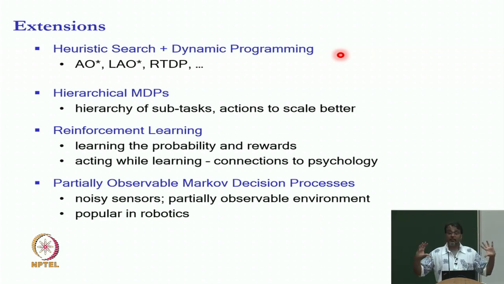In terms of our view, what is RL? RL is an MDP where the rewards and transitions are not known. So, you have to do machine learning, you have to learn rewards and transitions and then you have to figure out which action to execute. That is what we are going to study starting next week. We will stop.